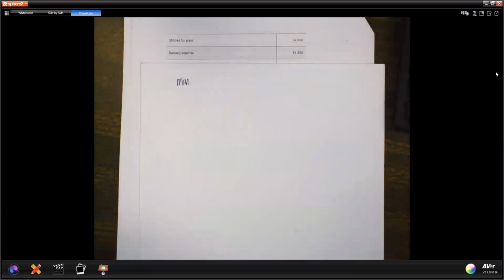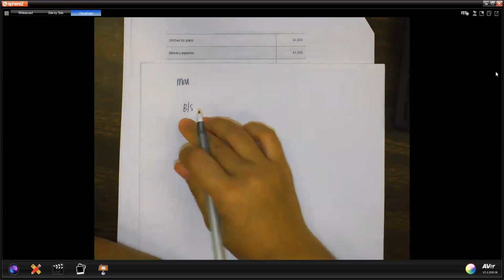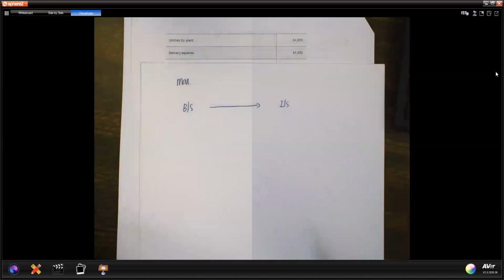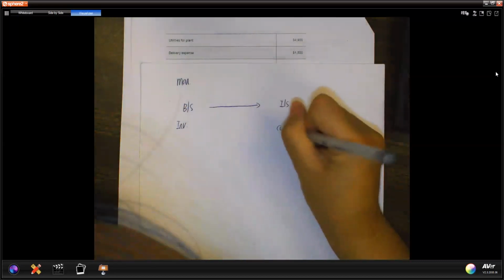The logic is still the same: your balance sheet inventory, once it's sold, will become your income statement cost of goods sold.